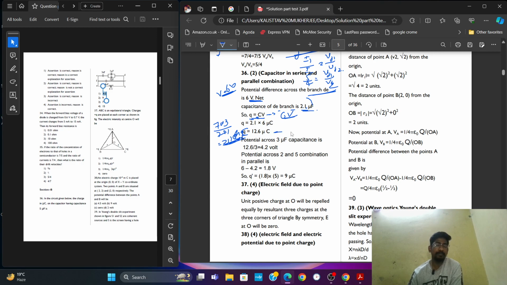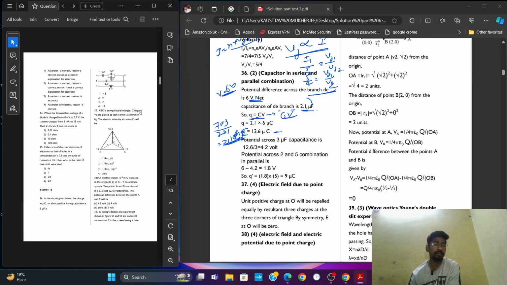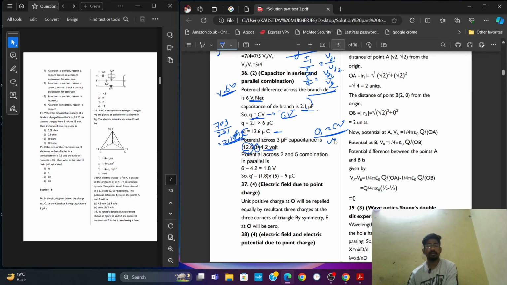Now this is the total charge on the circuit, right? 12.6 microcoulomb. So the voltage in the 3 microfarad: how to calculate it? Just divide the total charge flow by the capacitance, you will get it. Q equals CV by this formula, so V is Q by C. Q is equal to 12.6, C is equal to 3.